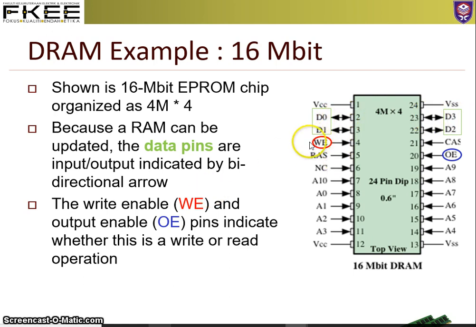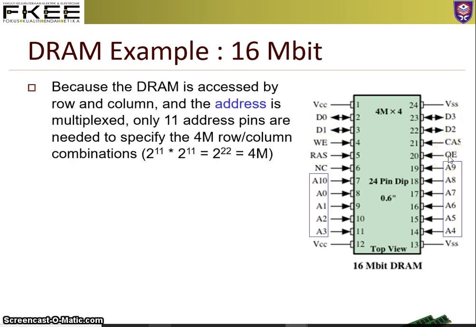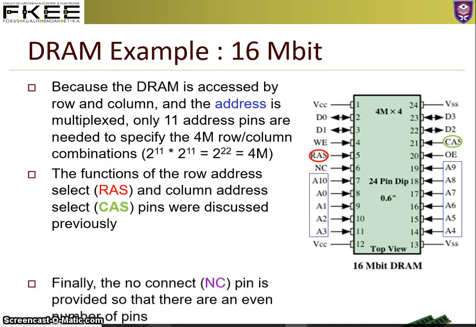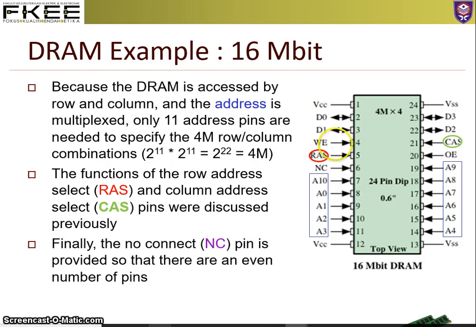Then we have a write enable pin and output enable pin over here, and since it is 4 meg, we need 11 address pins to address all the locations. We have row address select, and this one is the column address select, and since it is a 24-pin package, we have a no connection over here.